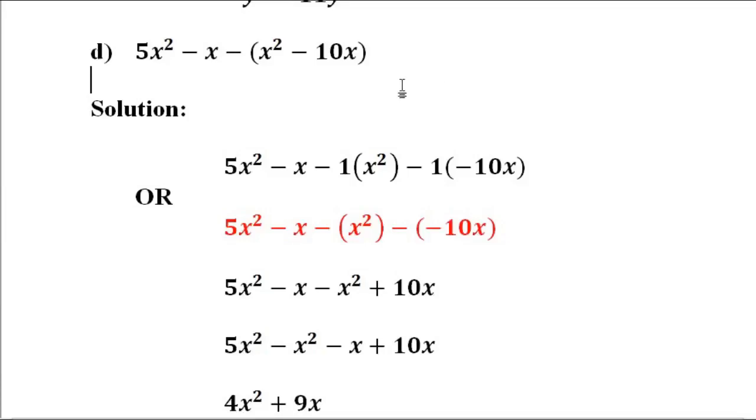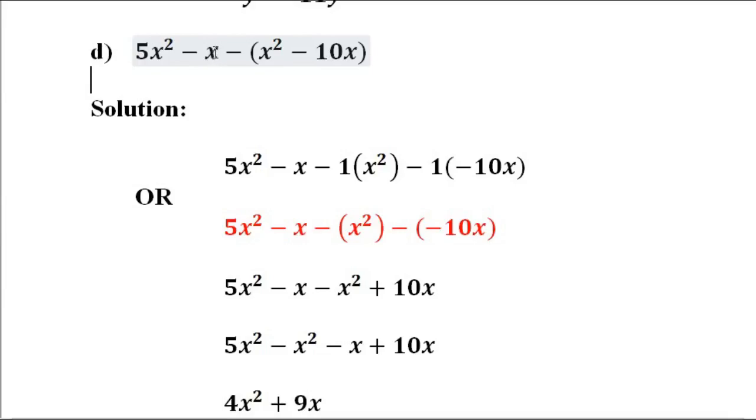Let's move on to number 4, where we will apply the distributive property to an algebraic expression. In order to simplify the expression, we are going to remove the parentheses. For number 4, we have positive 5x squared, negative x, negative, and then in parentheses positive x squared, negative 10x.